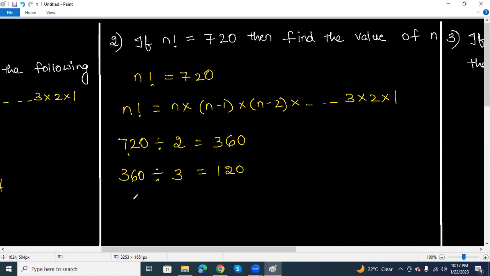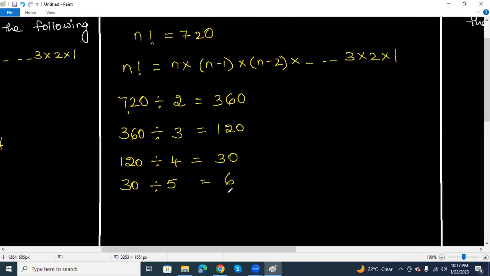Okay. Now we take this quotient and divide by the next least digit, 4. 4 threes are 12, 0. Take this quotient and divide by the next least digit, 5. 5 sixes are 30. Take the quotient and divide by the next least digit, 6. 6 divided by 6 is 1. Here we got 1.